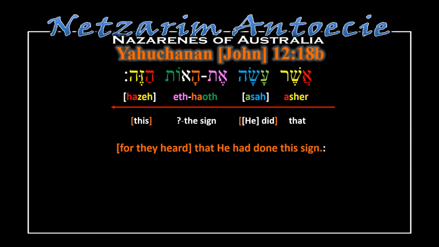Ha'ot is a singular for sign. If it was signs, it would be ha'otot. And then we have hazeh, this. Of course, they have the grammar marker there too. For they heard that he had done this sign. Right, now let's read that. Asher asa et ha'ot hazeh.